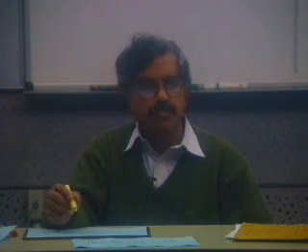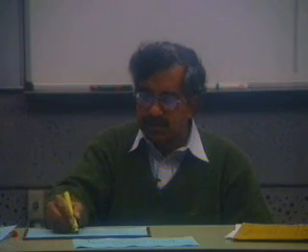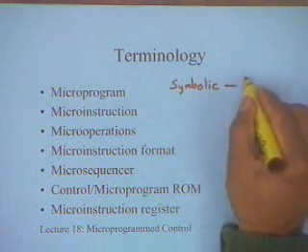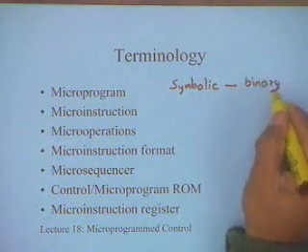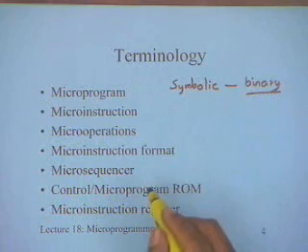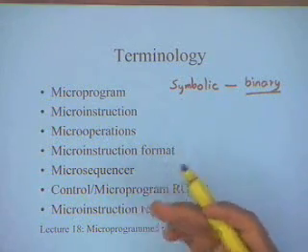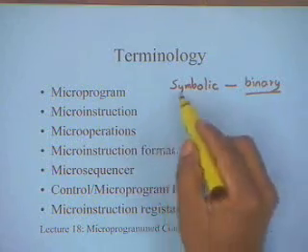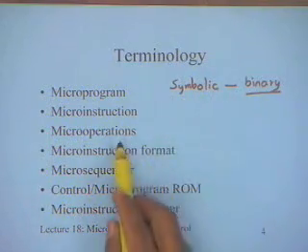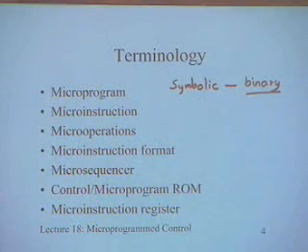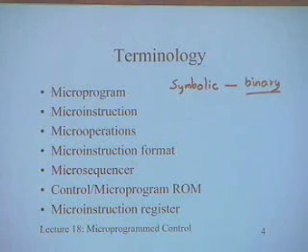Similarly, there can be a 1-to-1 mapping between a symbolic microprogram and a binary microprogram. Many times we tend to directly write in binary when it comes to microprogram, but that's not necessary. One can develop mnemonics, one can develop a set of symbols, and you can write it in symbolic form. Again, a microinstruction you can write either in symbolic or in binary, but a microinstruction corresponds to one instruction of the microprogram.